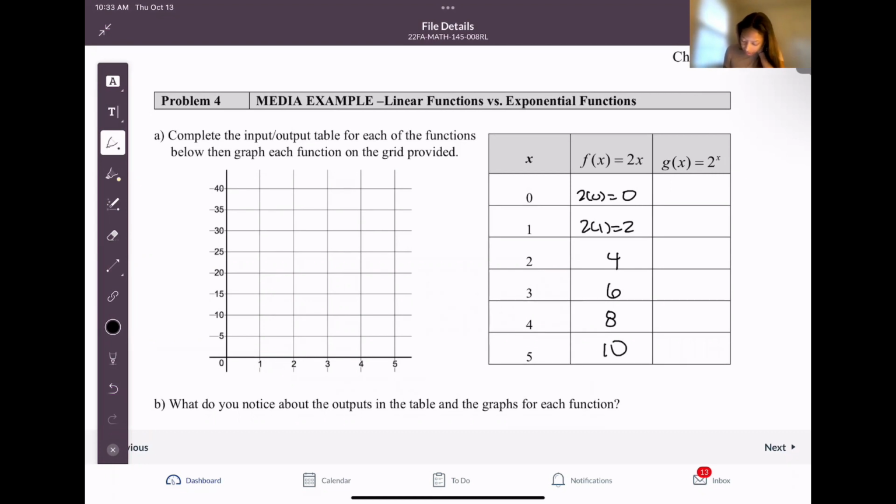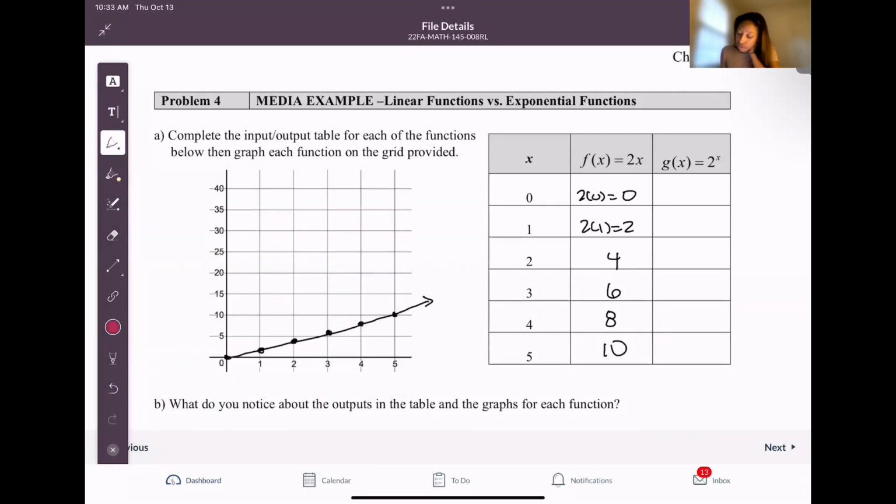So putting that on our graph over here, we have (0, 0), (1, 2). They didn't make this very easy to draw. (2, 4), (3, 6), (4, 8), and (5, 10). Boom. That's a linear function with a slope of 2.